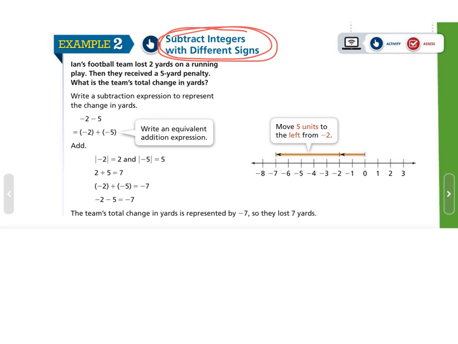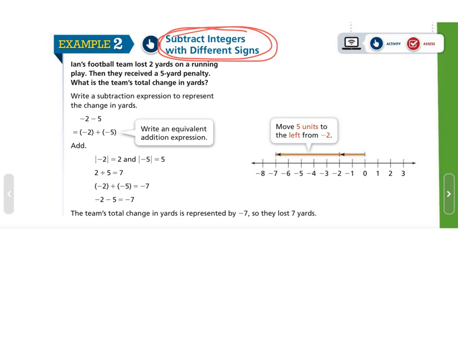By the same token, negative 2 minus 5 also equals negative 7, because in both cases, beginning at 0 and moving to the left, negative 2 shows the loss of 2 yards. A 5-yard penalty, or adding on to that a negative 5 yards, continues to move in the left direction 5 units from the negative 2.